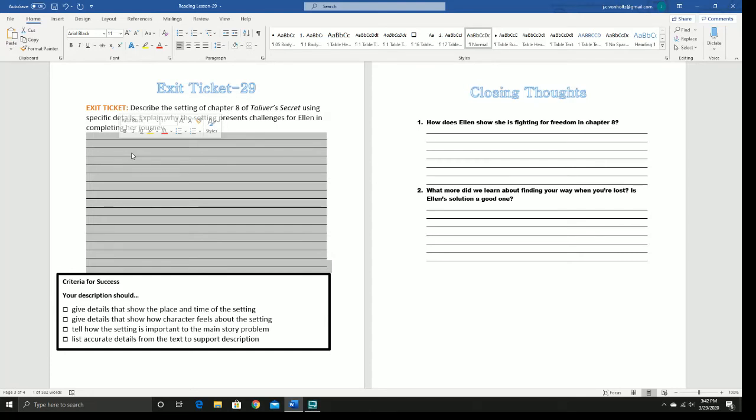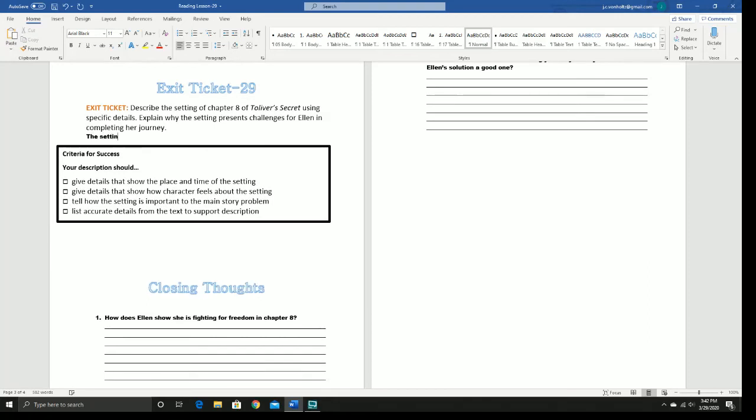So, now that you're back, let's go through and make sure we do the things that would describe this setting very well. First, we want to say where and when this is. So it's taking place in Perth Amboy during the Revolutionary War. And we can even say, because it's important to the story, that it's in the afternoon getting closer to nighttime. So the setting of Chapter 8 in Toliver's Secret is a book, so we want to make sure it is underlined.